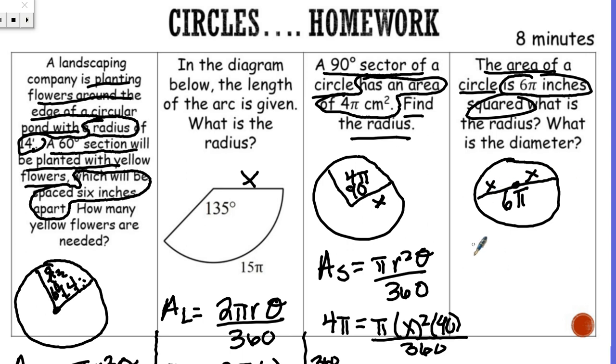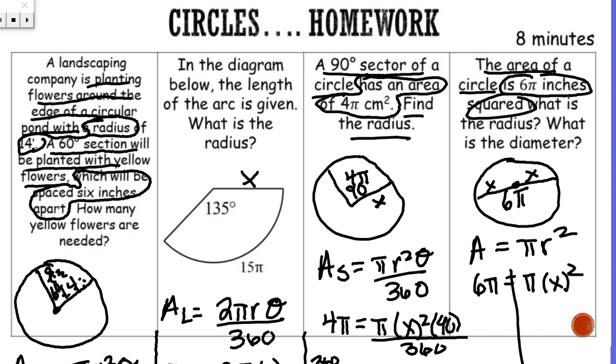So that means the area of a circle is equal to pi r squared. So if the area is 6 pi equals pi, and I want to find the radius, so I'm going to call that x squared. I'm going to switch this around because this is not on the right side.